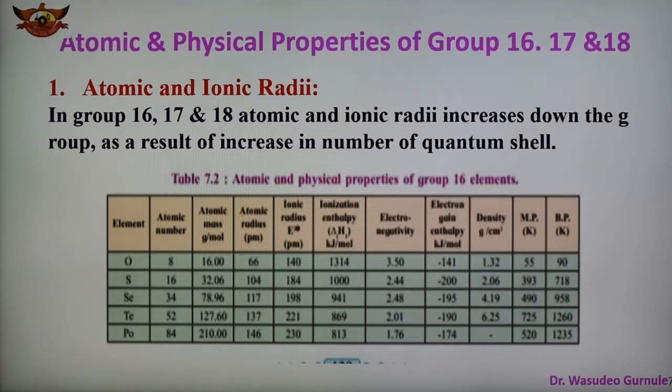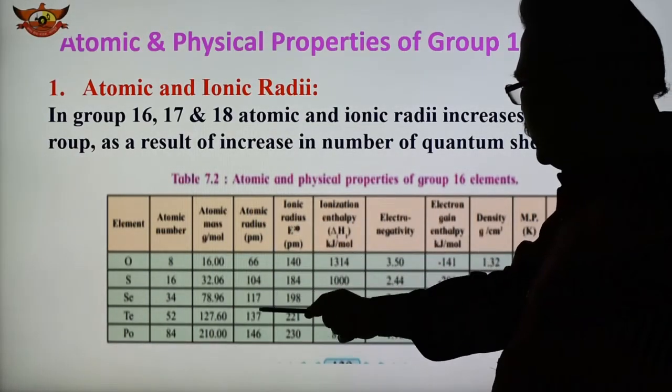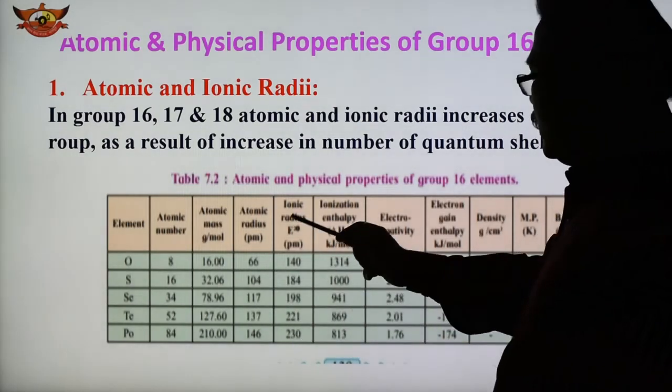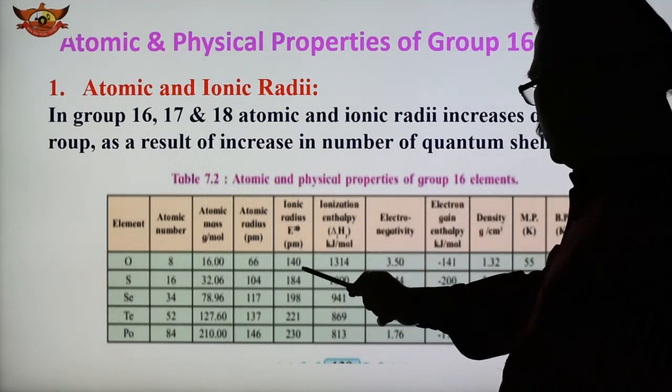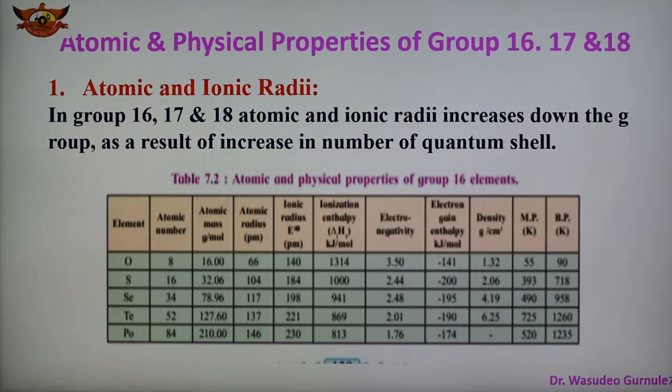The values are also given in the table, and they show clearly that the atomic radius value increases in group number 16. Atomic and ionic radii both increase in group 16.